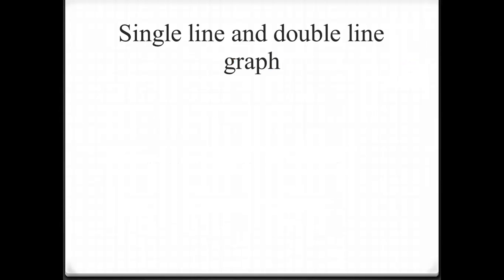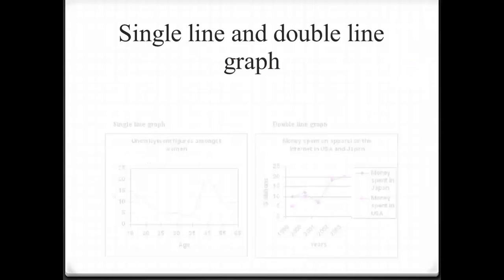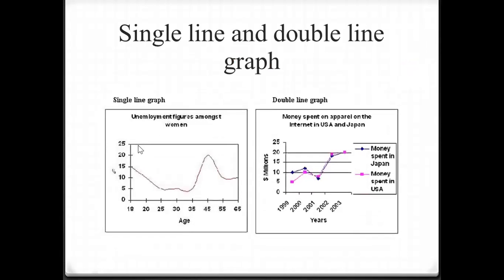Now we have the following example figures for single line and double line graphs. For a single line graph, as you can see, there is only a single variable plotted, for example, unemployment figures amongst women. So we have the numbers on the y-axis and their ages on the x-axis.